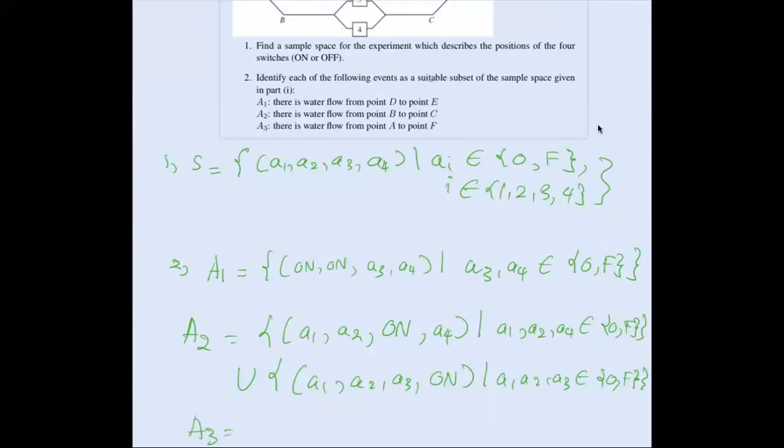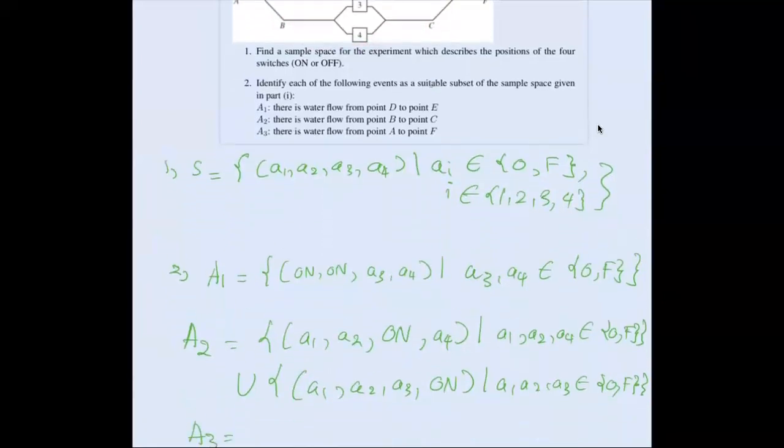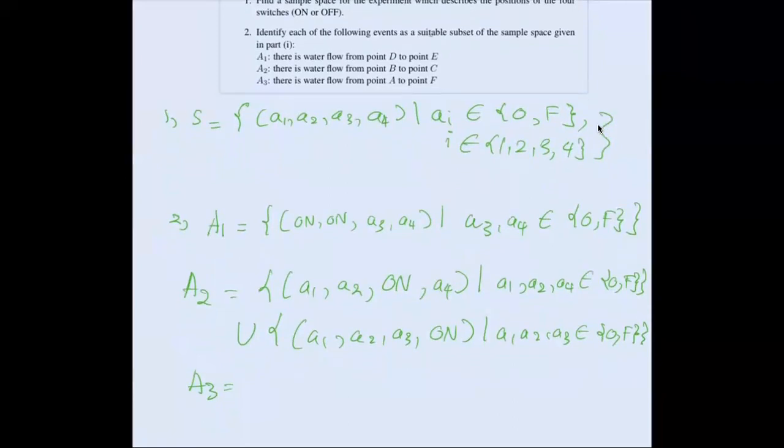And then A3, we want water flow from A to F. In order to flow from A to F, it means either they go this way, so flow from D to E, or they flow from B to C, right? Yes, exactly. It's the union of A1 and A2.